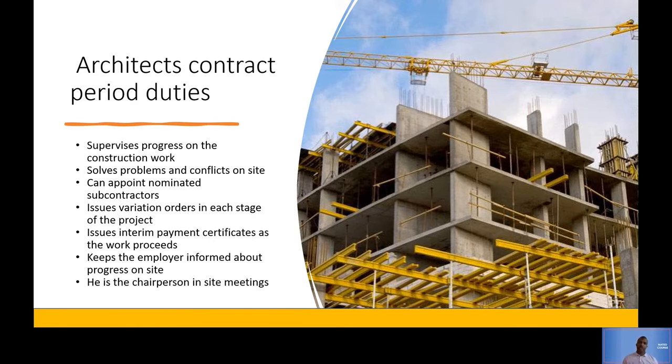For example, the mall has escalators. Now, the contractor specializes in building the actual building, but not installing escalators. So then he will appoint a subcontractor to actually come and be involved in constructing that escalator.